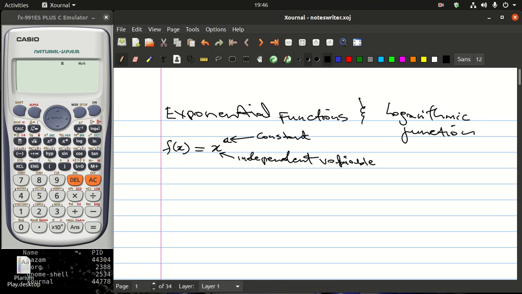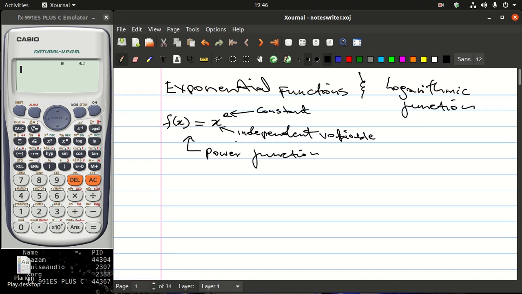So this one is a real number, which is a constant, and this one, which is a base, is an independent variable. We said that functions of this kind are called power functions. I am trying to include power functions here because usually students confuse power functions and exponential functions.